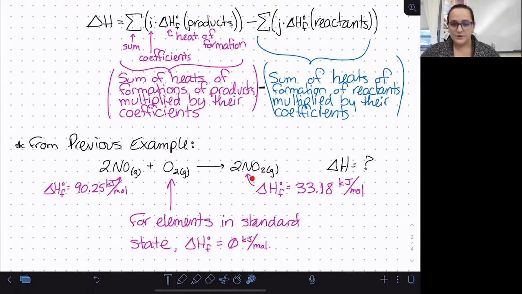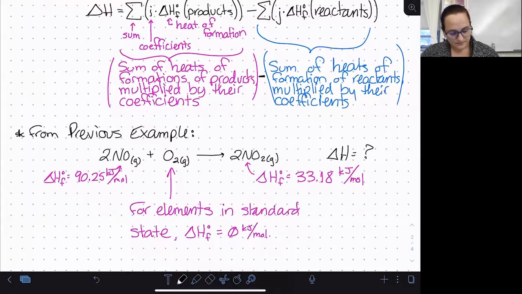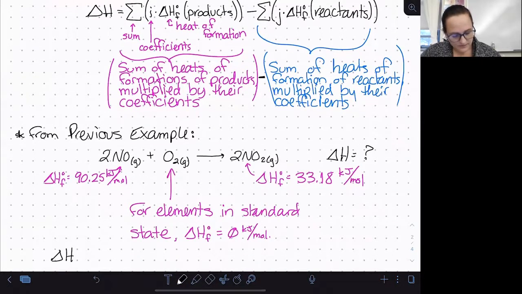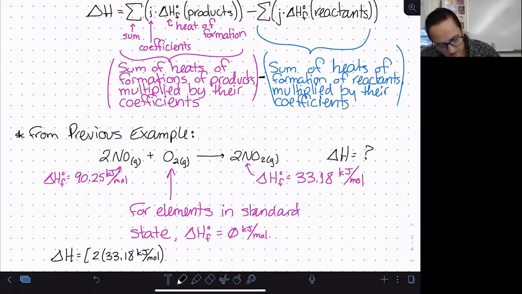Our product was NO2, so we're going to find the heat of formation of NO2, which was 33.18. And we're going to multiply that heat of formation by the coefficient for that substance. So the coefficient for NO2 is 2, so we'll do 2 times 33.18. And then that takes care of our products. We only had one product, so we don't have to add anything together.